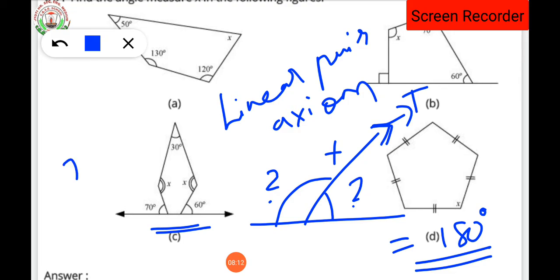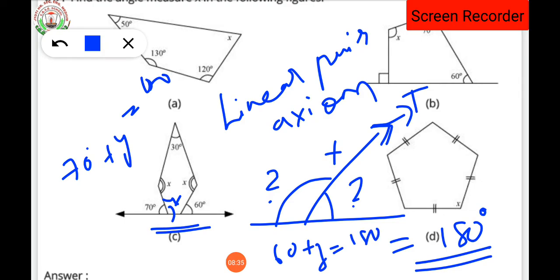Okay, so 70 plus y, let us call this angle y, is equal to 180 degrees. So 180 degrees minus 70, you will get the required answer, 120 degrees, isn't it? Sorry, 110 degrees. In the same way, for this part we have 60 plus z is equal to 180 degrees.